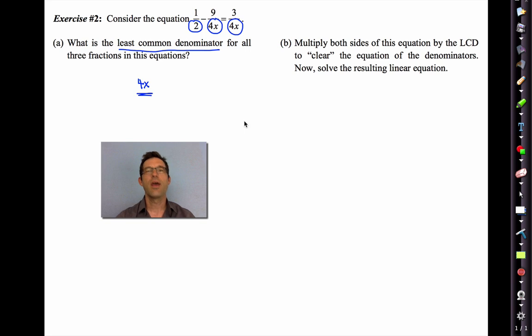Now, what we're going to do right now is use a technique that is so similar to the technique we use to simplify complex fractions. Do you remember complex fractions? Sometimes students actually get these two processes confused. What I'm going to do is multiply both sides of this equation by the 4x.